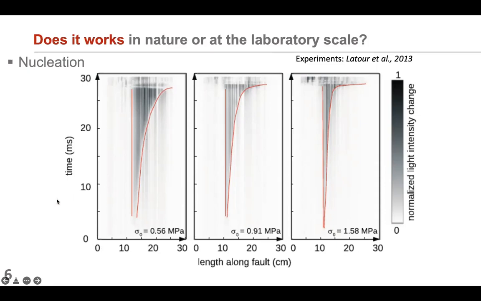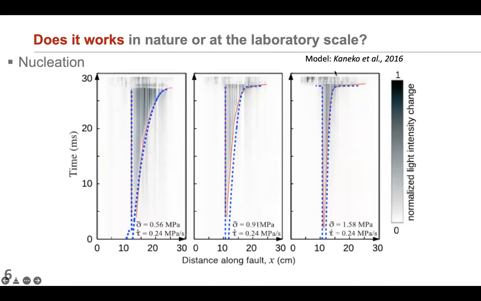And the interesting point is that Yoshi Kaneko in 2016 was able, using the rate-and-state framework and also the definition of fracture energy, to model these experimental results. So it means that if we know the frictional properties of the material and, for instance, the fracture energy of the material, it's possible using the rate-and-state framework to model such behavior.